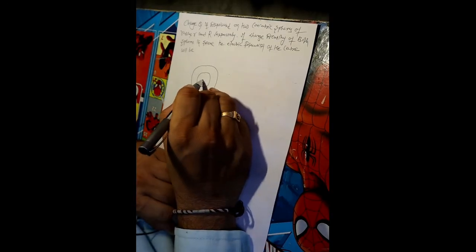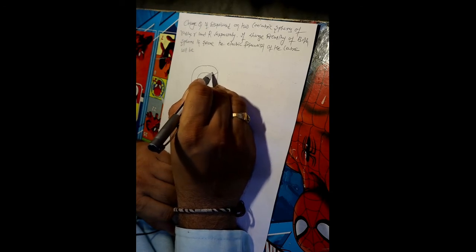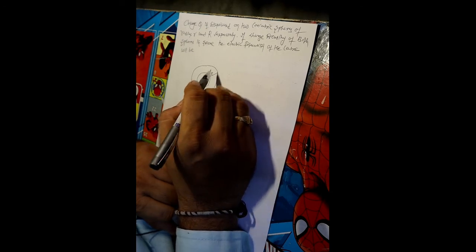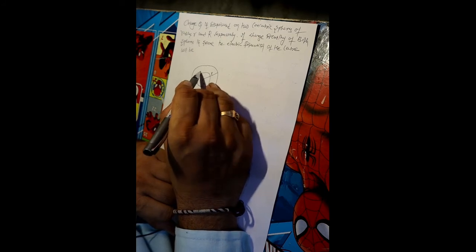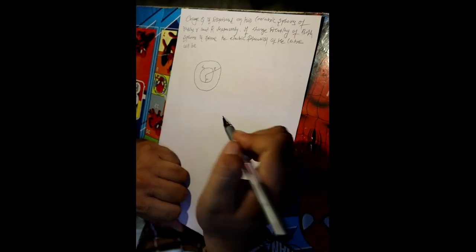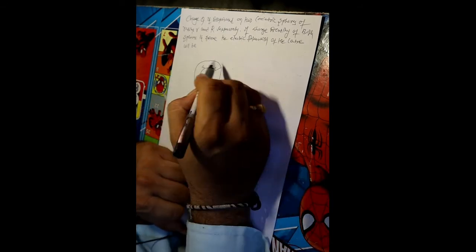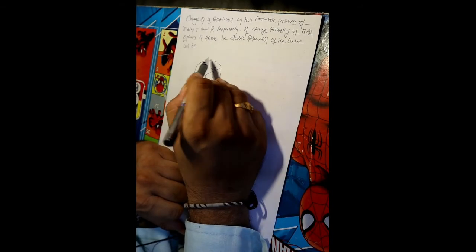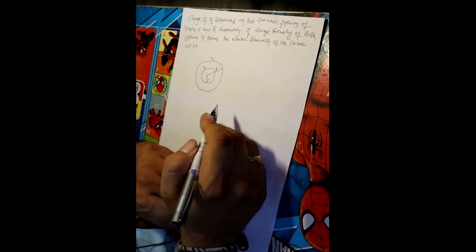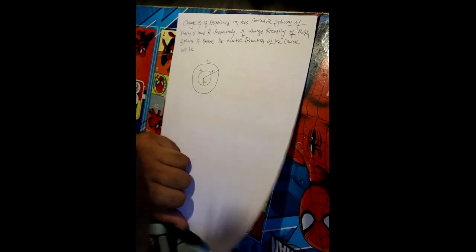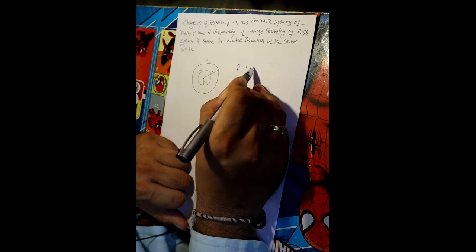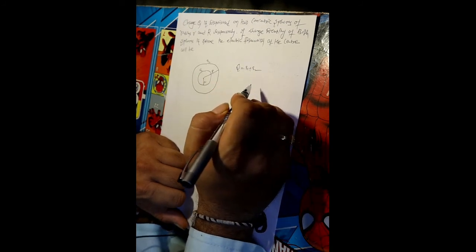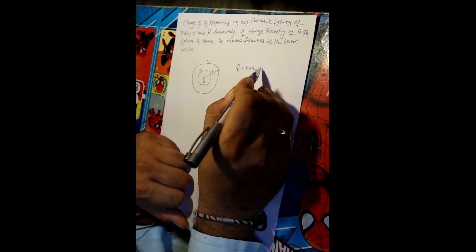The radius of the bigger sphere is capital R. So the charge distributed on the smaller sphere is Q1, and the charge distributed on the bigger sphere is Q2. Total charge distributed capital Q is equal to Q1 plus Q2. This is equation 1.